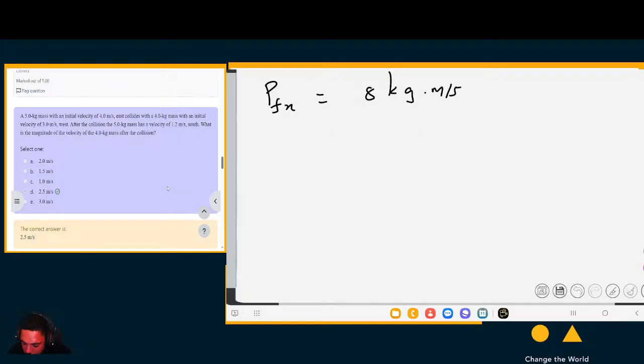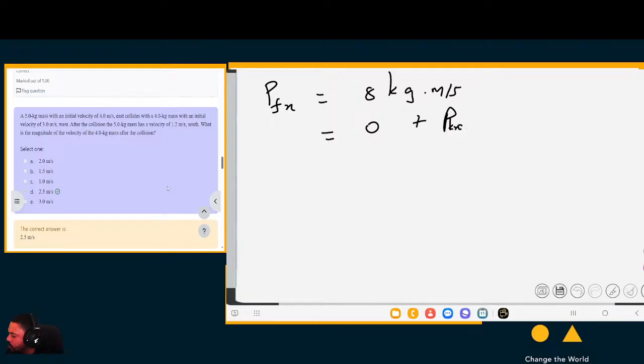The final momentum in the x direction is 0 for the 5 kilogram block, because it's moving south, only in the y direction, so it has no x component, plus the momentum in the x direction of the 4 kilogram block.